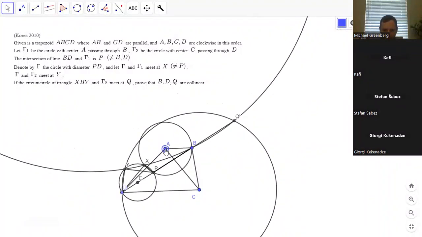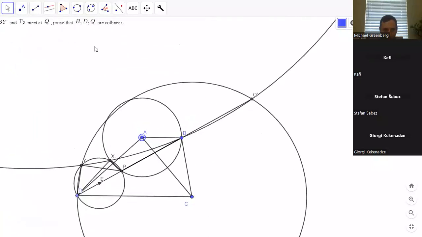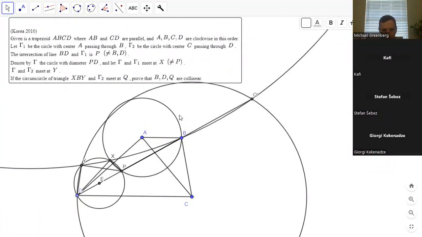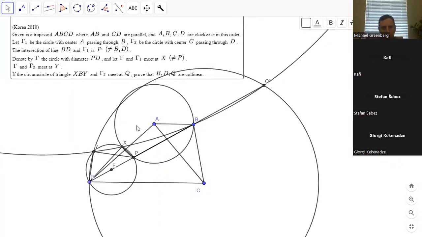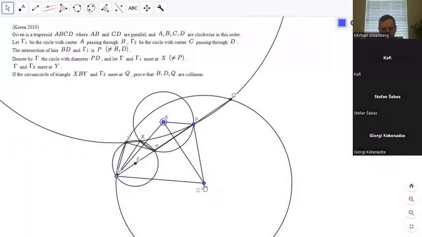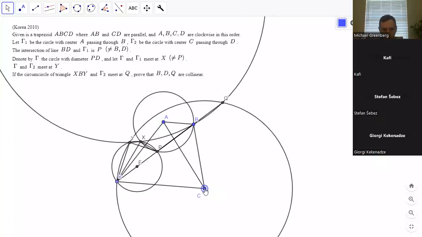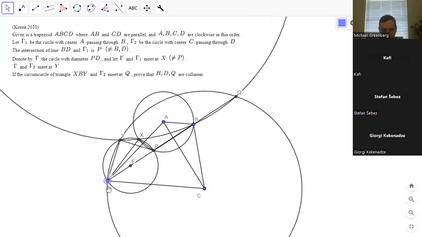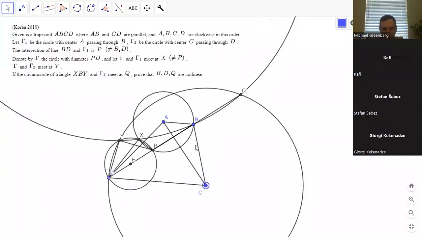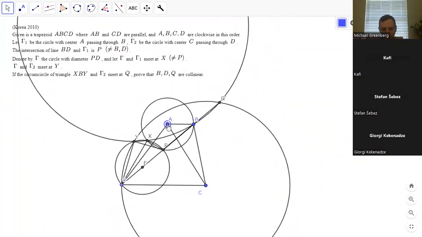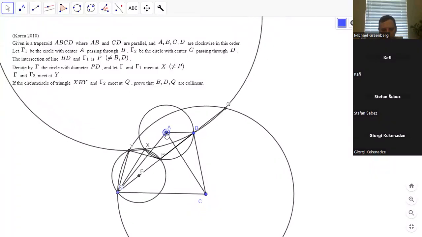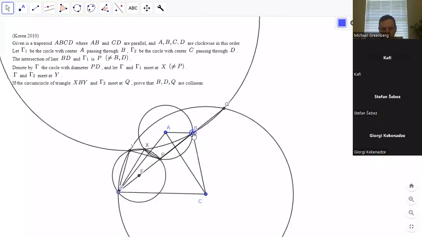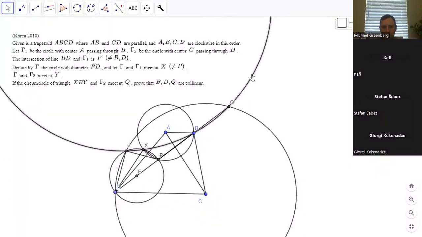Maybe something more like that. It's kind of a big circle, but I guess that's okay.